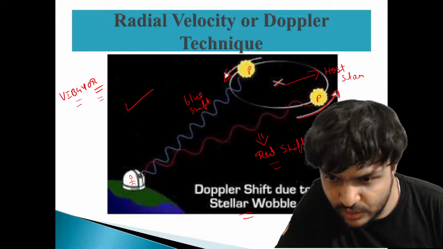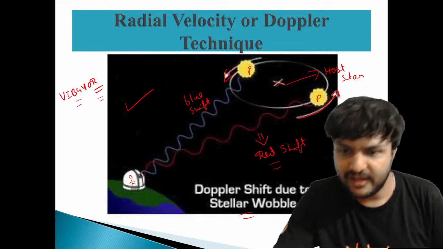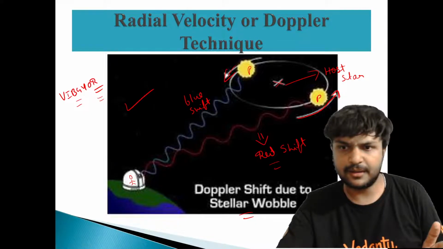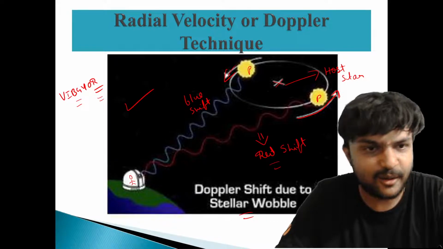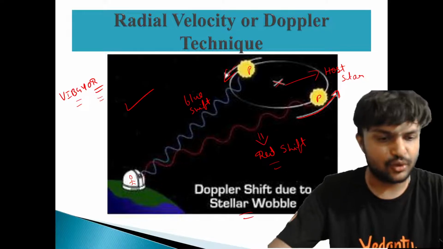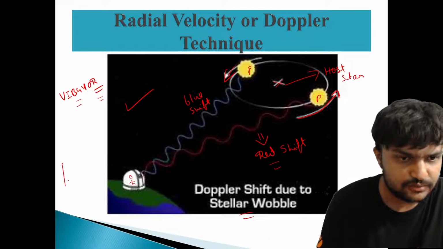Sir, can you show a spectrograph? I can show you. Since this is not on the PPT, I can write and show you how the spectrograph looks. It will look something like this.